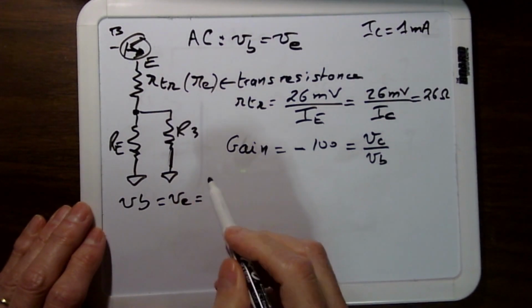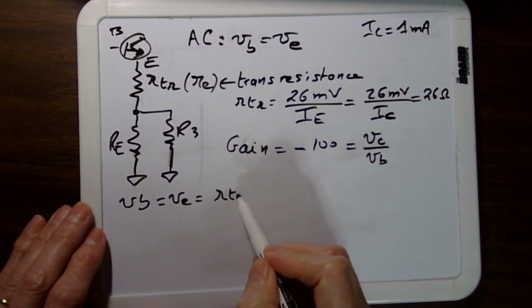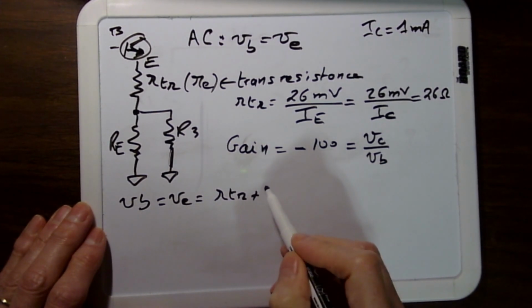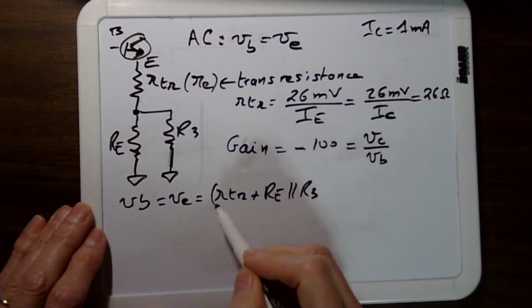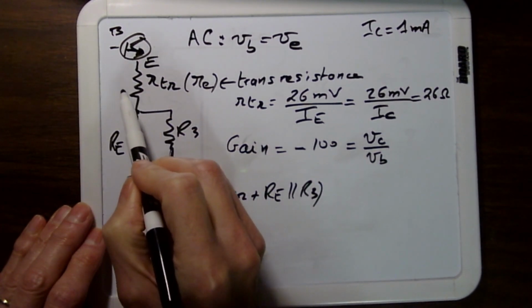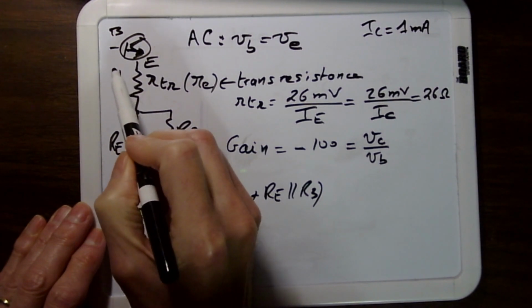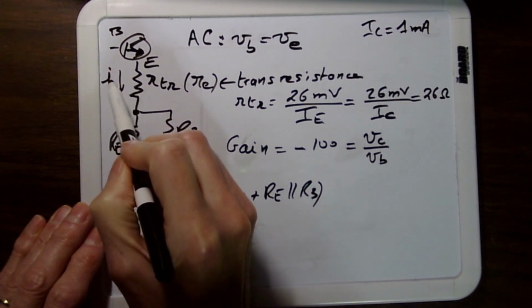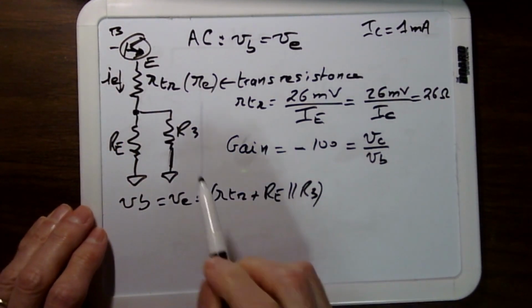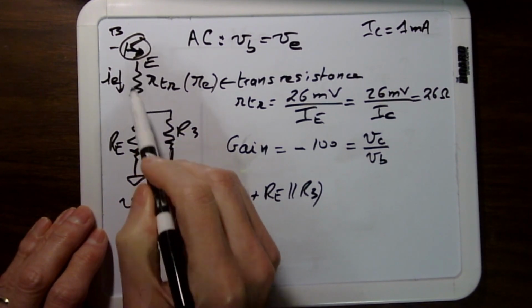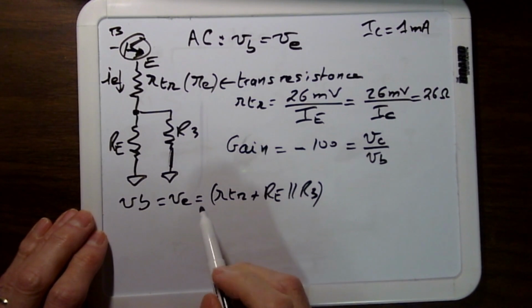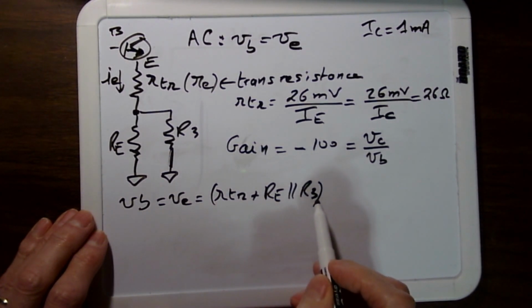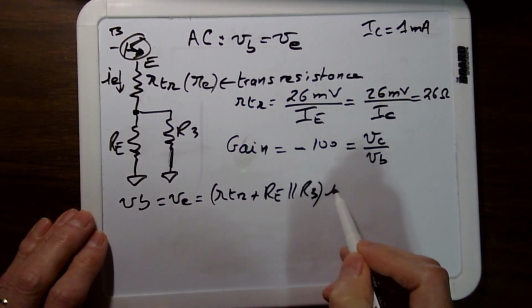so it's going to be RTR plus RE in parallel with R3, and here there is a small i, small e, the AC current in the emitter leg. So RTR plus RE parallel to R3, times IE.